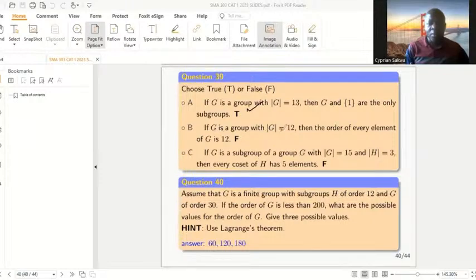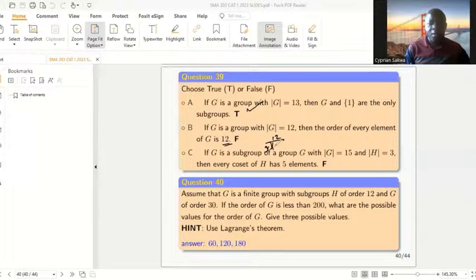What about this? If G is a group with the order 12, then the order of every element of G is 12. That is not correct. Because the order of an element of G is given by the order of G, which is 12, divided by the GCD.